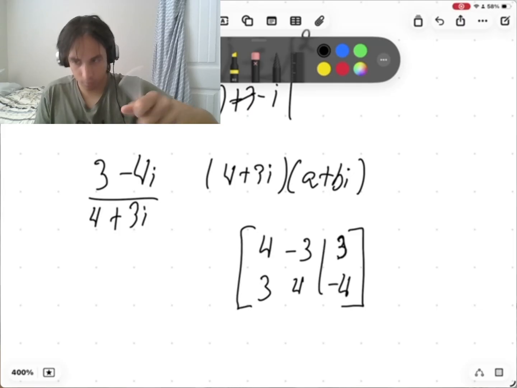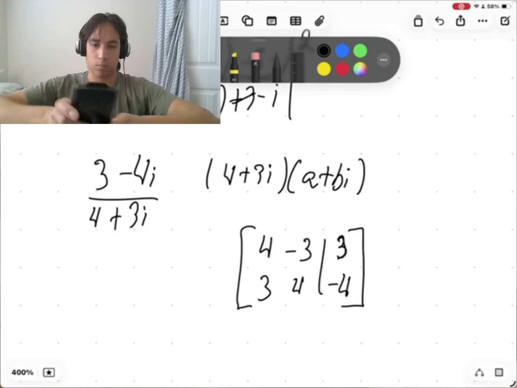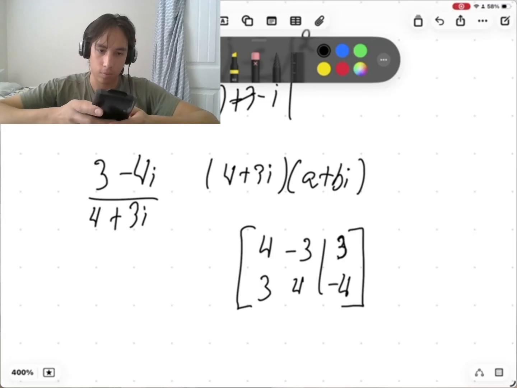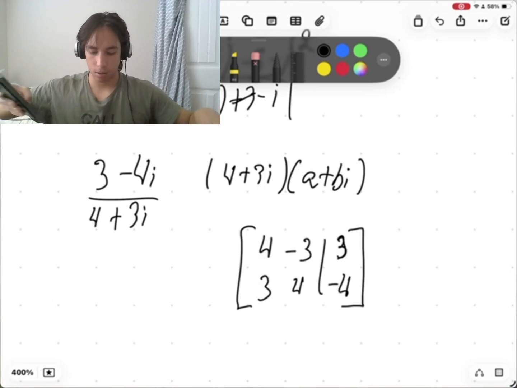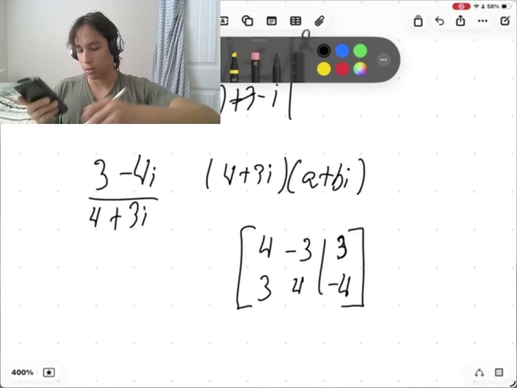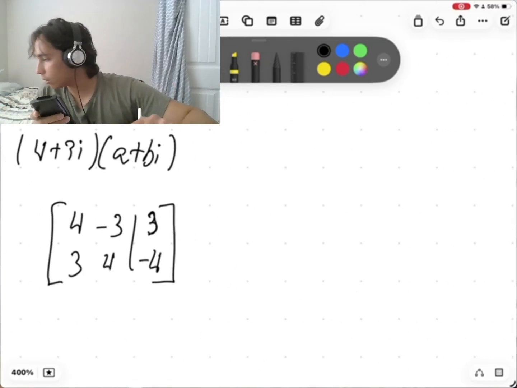We do syssolve 2 by 2. And do 4 minus 3, 3. We have 3, 4, negative 4, and 0 and negative 1.